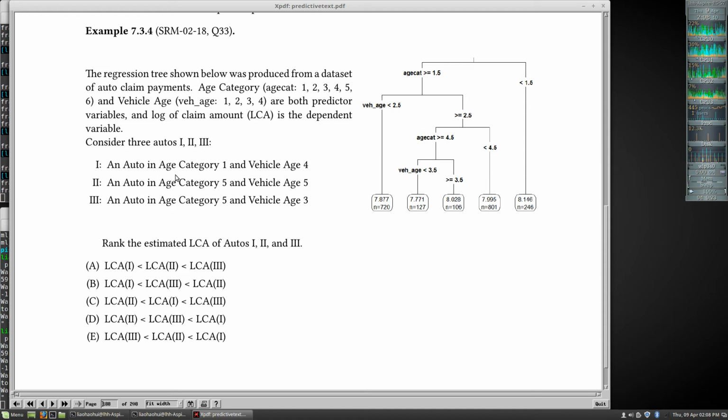So let's look at the first one. Auto category 1, should it go left or right? Of course it should go to the right, because the age category here is 1, so it's less than 1, so straight away our output is 8.146.